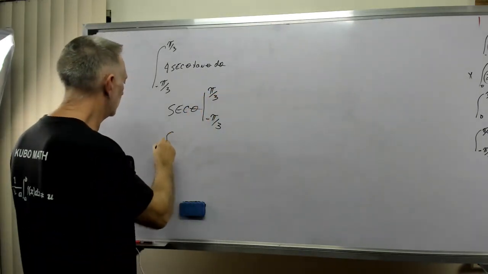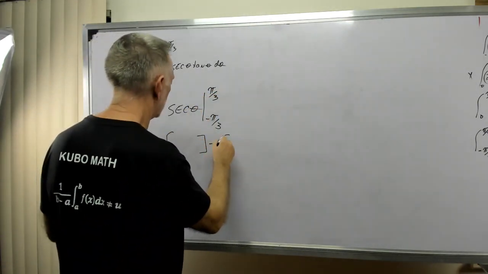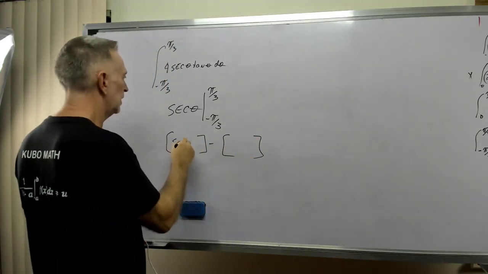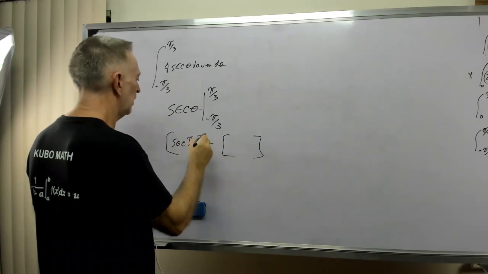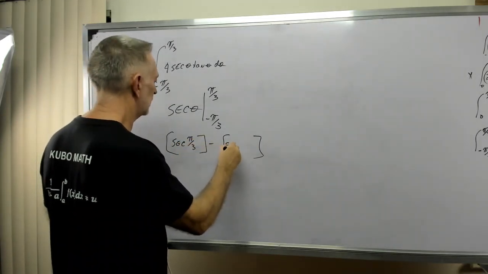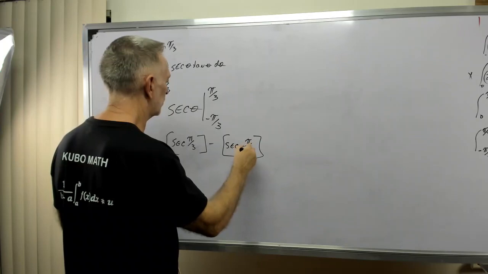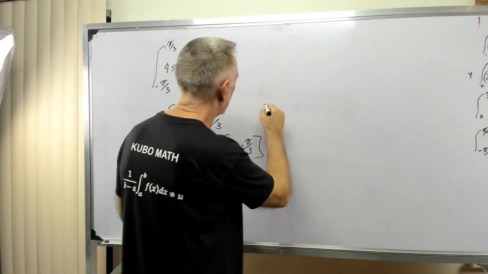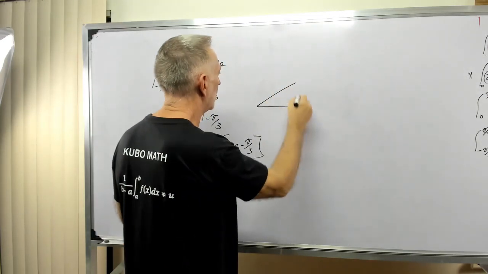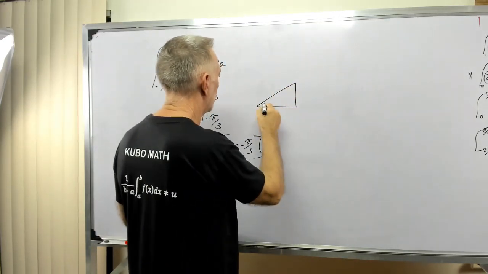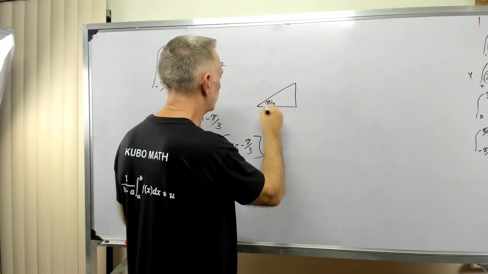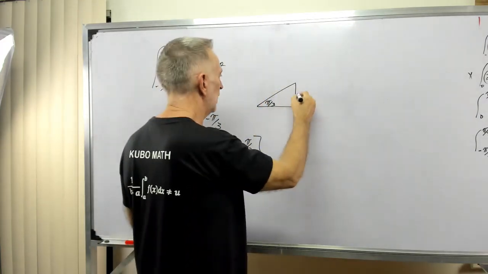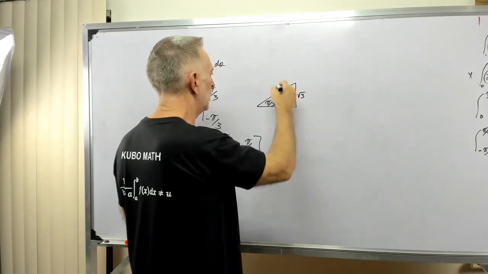So what does that end up being? Secant of pi over 3 minus secant of minus pi over 3. Okay, let's let this be pi over 3. So that's a 60-degree angle. So I have square root of 3, 1, 2.